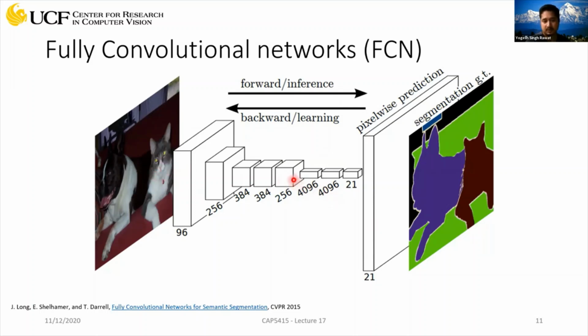So the idea is, what if you use features from these earlier layers, which are of high resolution, to make these predictions? That idea actually works pretty well. And later we will see that in almost all of the networks we're going to talk about, we do have those kinds of skip connections to improve the performance.